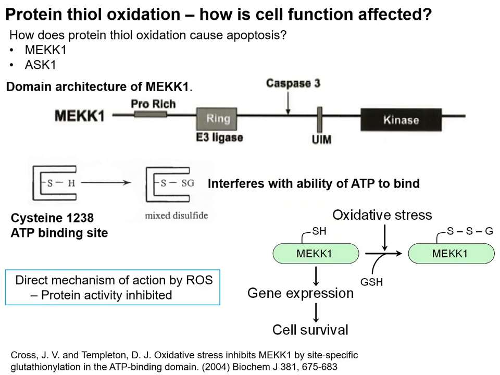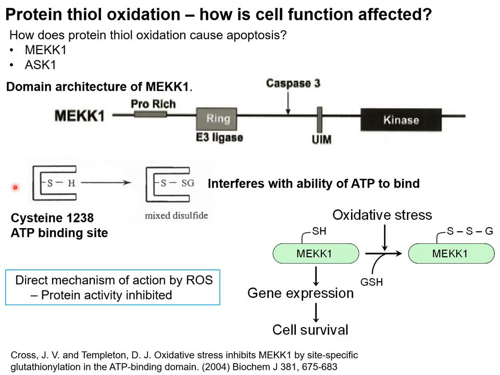Let's start with MEKK1. So what you're looking at here is the domain architecture of MEKK1. MEKK1 contains a kinase site. That kinase site is responsible for causing phosphorylation of protein substrates. For that to happen, ATP needs to bind to a site on the kinases.